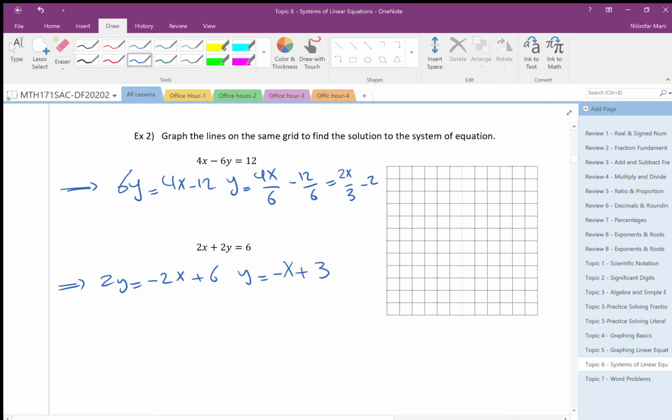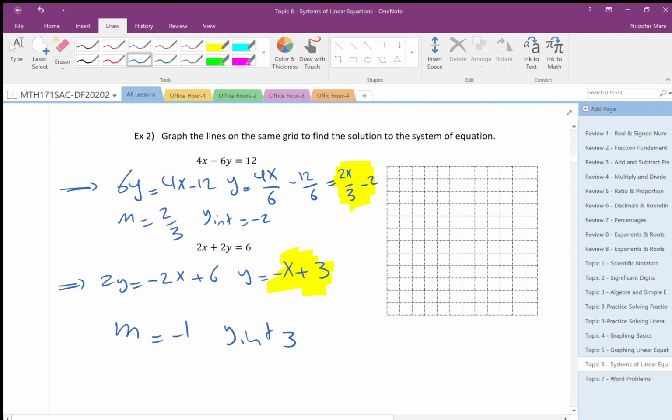Okay, so now I have these equations, this one and this one. So here the slope is 2 over 3 and the y-intercept is minus 2, and here the slope is minus 1 and the y-intercept is 3. Okay, so now I can graph it.